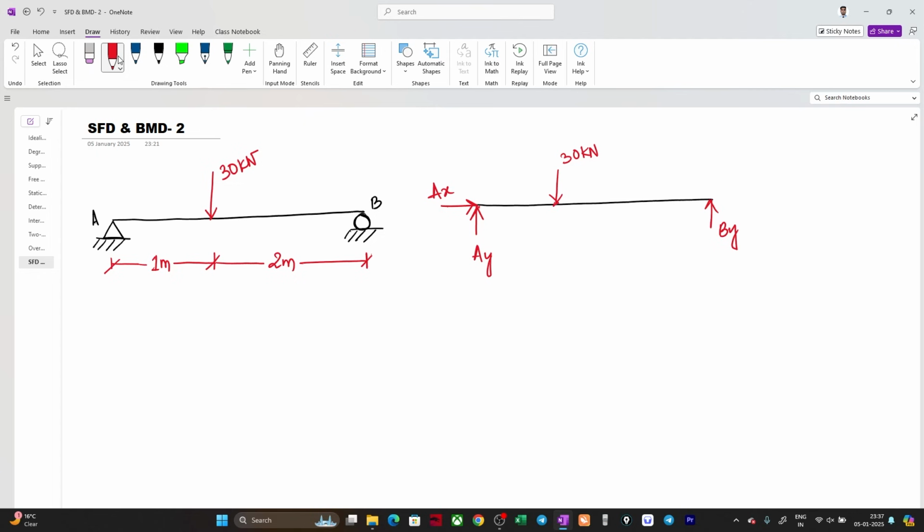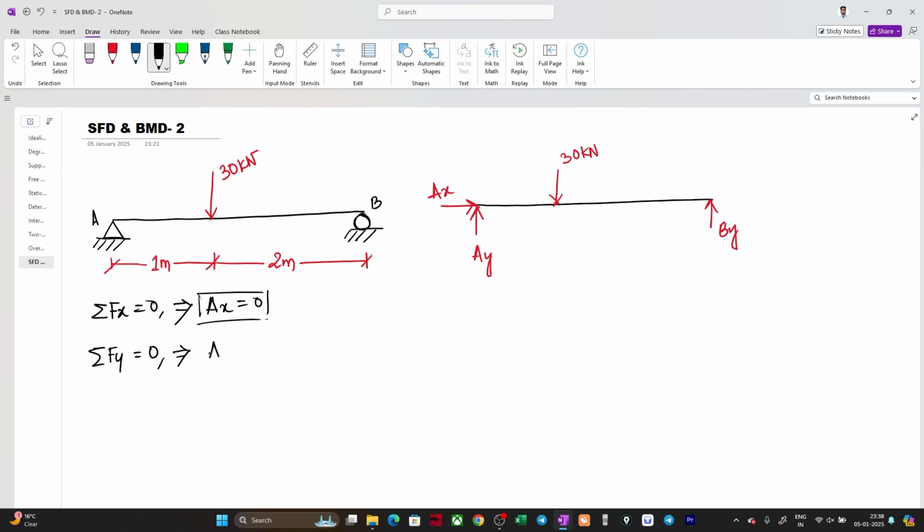From here, summation of Fx equal to 0 implies that AX equal to 0, so we already knew it. Then summation of Fy equal to 0.